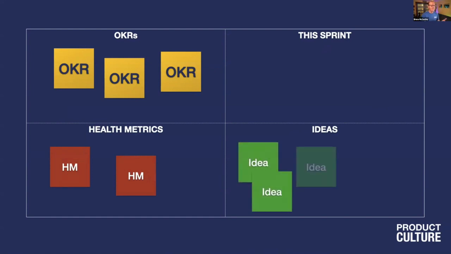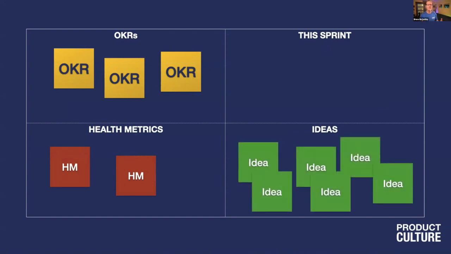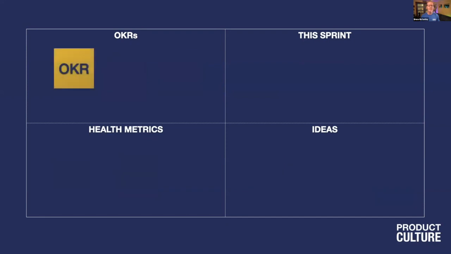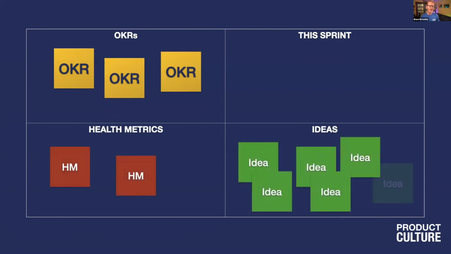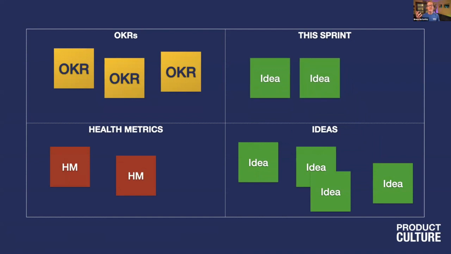And then, of course, there are a bunch of ideas of things that we could do. Essentially, this is your backlog to try to meet the OKRs, or ideas to ensure the continued health of our health metrics if necessary. And then in any given sprint, we can say, all right, which ideas do we want to try next for this sprint to help us move toward our OKRs?